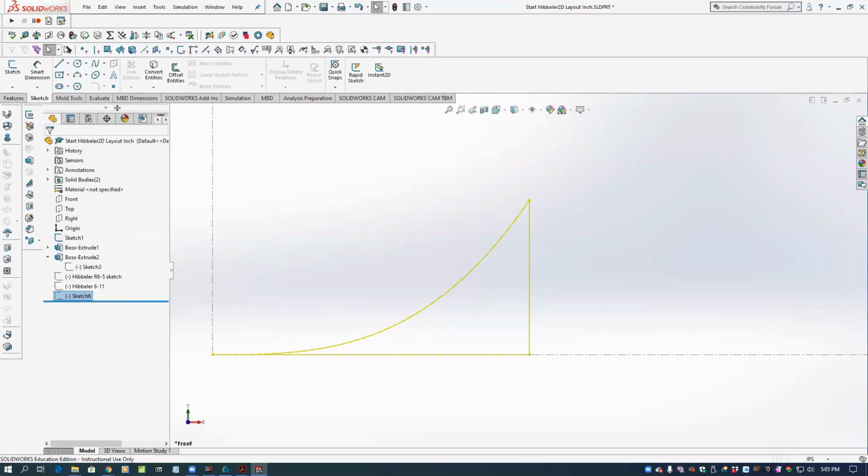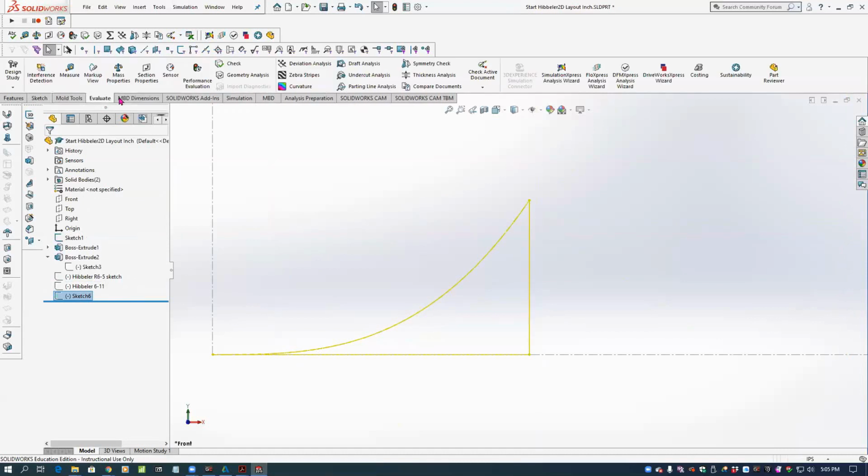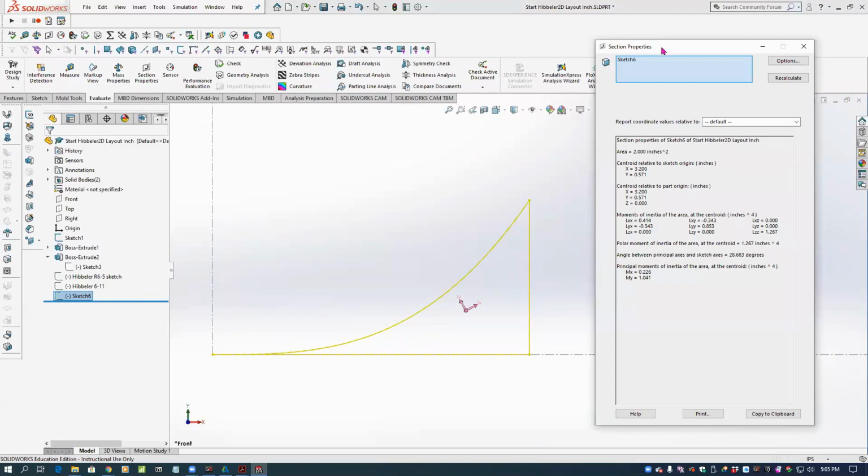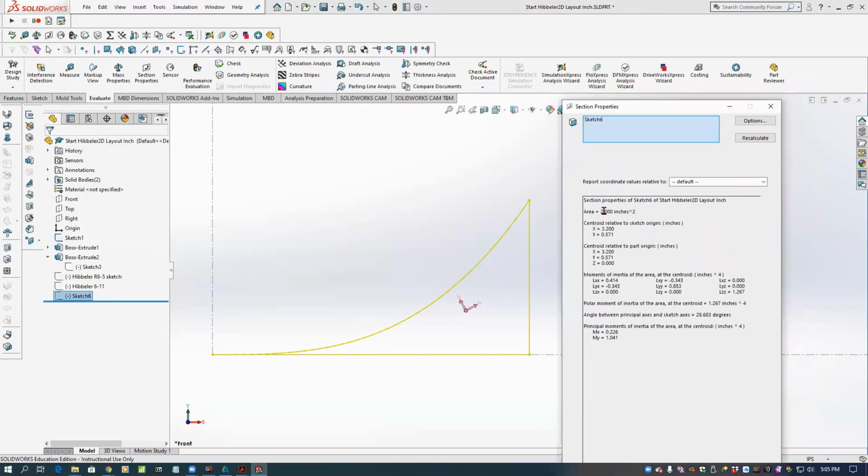And again, if we do the evaluate section properties here on that, we can see that these values, it gives me the area underneath the curve, it gives me the x bar, the distance from my origin out here to my centroid, and the y bar, of course, is from the x-axis up to the centroid, this distance here.